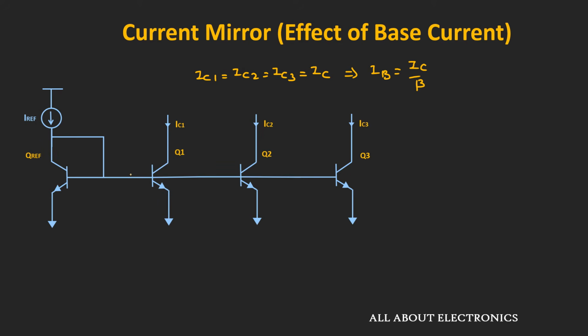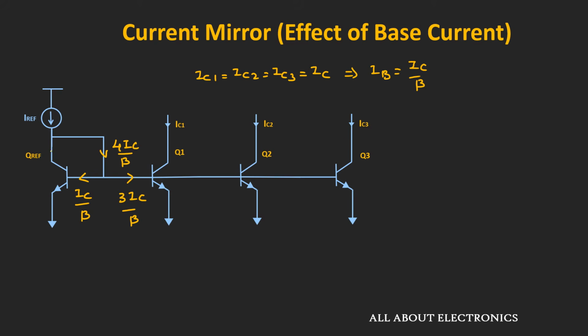So this current is equal to 3IC divided by beta. The current at the base of the reference transistor is also equal to IC divided by beta, right? That means the current in this branch is equal to 4IC divided by beta.